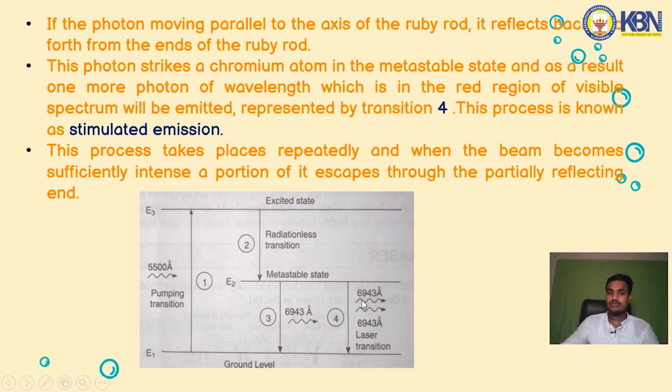This laser transition has a wavelength of 6943 Angstroms. These photons keep traveling in the active medium, hitting the ends of the rod.